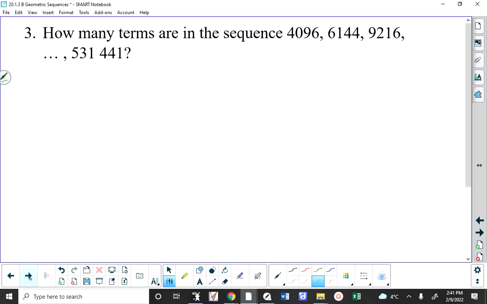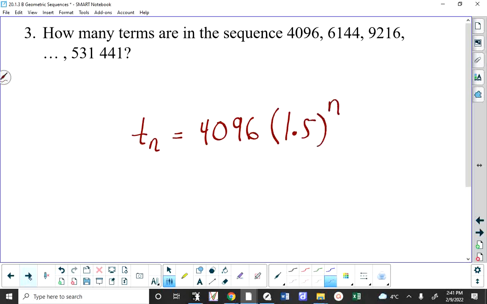It's good. Is 1.5 correct, you guys? And how many of you are doing it by taking 9216 divided by 6144? And then you take 6144 divided by 4096. You confirm that you multiply by 1.5 each time, which means this is the general term. Tn is the first term multiplied by the common ratio of 1.5 raised to the n minus 1.